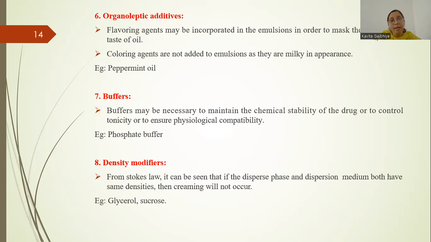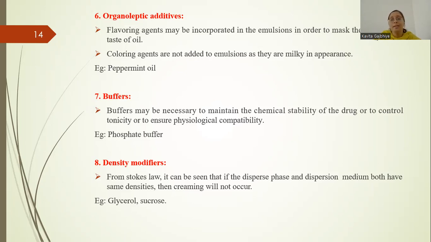Flavoring agents may be incorporated in the emulsion in order to mask the unpalatable taste of oil. For example, one flavoring agent is peppermint oil. And if you want to increase the aesthetic properties of your emulsion, you can use coloring agents also.